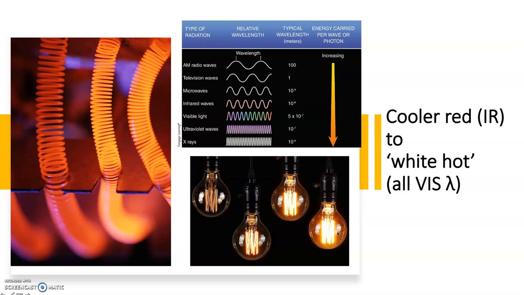What is happening there is you're moving from infrared waves, which are infrared, red waves, and you're moving closer into visual light waves, more energy. And as you gather more of those visible light waves together, all visible light together is white.